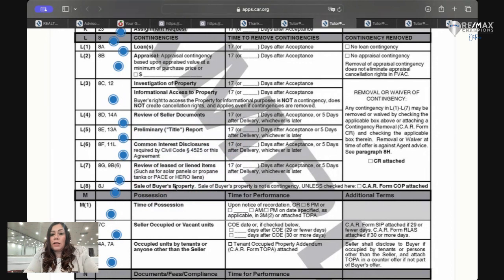So let's just say, for instance, it says 17 days, but you don't get it till day 25. It happens. It doesn't mean that the contingency is gone and you can no longer review them. You have 5 days after that. So again, when you get them, that's day 0. The next day is day 1.